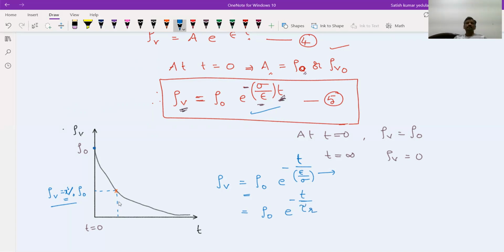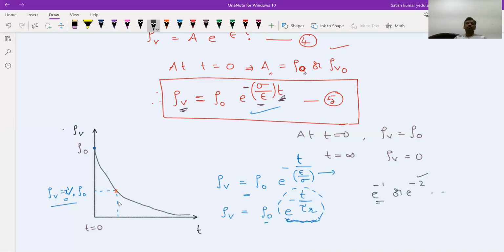Now, if you want rho v to be equal to some percentage of rho naught, this value must be a number. You will always get that number in the form of e power minus 1 or e power minus 2, like that. Instead of going for e power minus 2, it is always better to go for e power minus 1, which is 1 by e.